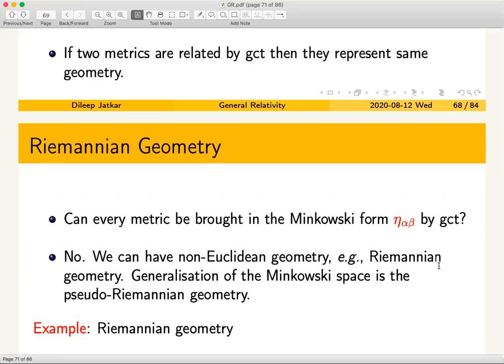Since we are using space-time and not just purely spatial directions, which is what Euclidean geometry would have described, we need to generalize Riemannian geometry, which would generalize Minkowski space to what is called a pseudo-Riemannian geometry. Is that okay? Any questions?